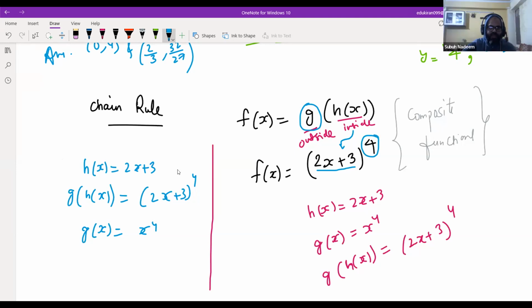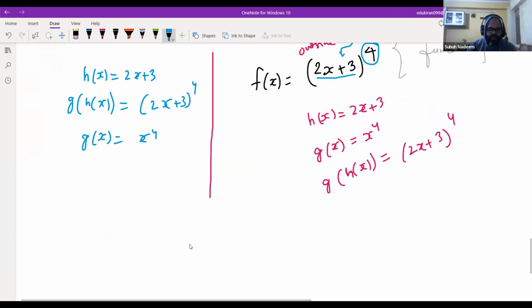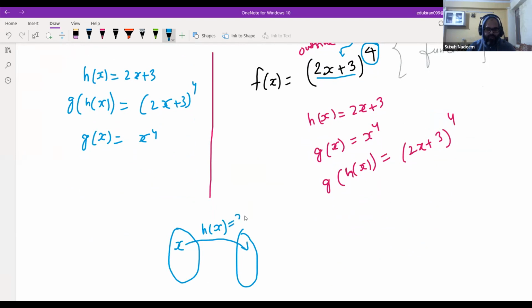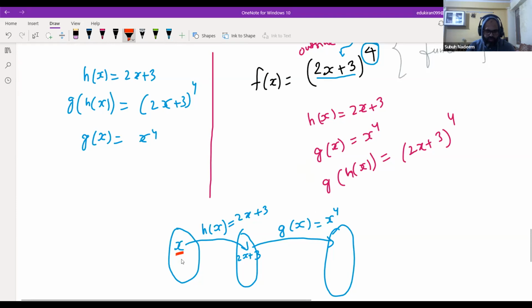The input is x. There is an input x and a function acting on it, which is h(x), and that function h(x) is 2x plus 3. So you get an output 2x plus 3. Then on that output, another function g(x), which is x to the power 4, is acting. Now this x denotes the input, and this output is the input for this function.